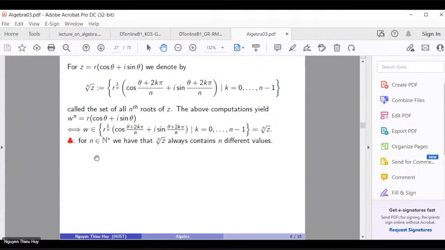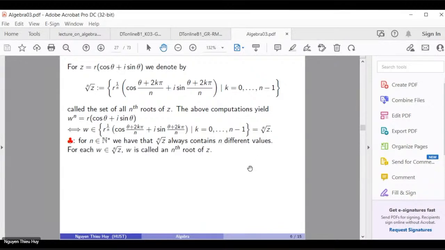Okay, let me give you a very important notation. Notice that when n is a positive natural number, this set of nth roots of z always contains n different values. We already saw this last line. And exactly when you talk about complex roots, the nth root of z always contains n different values.